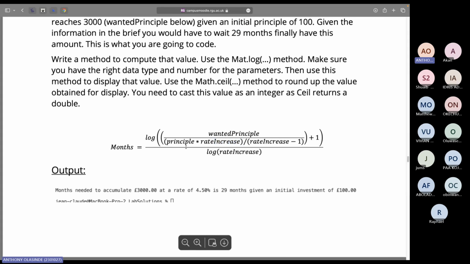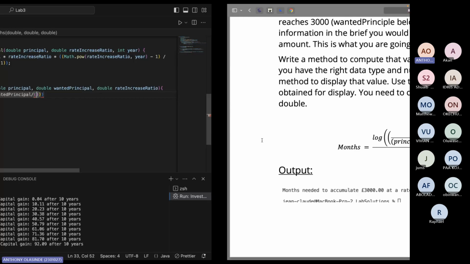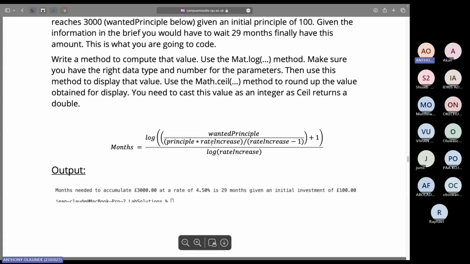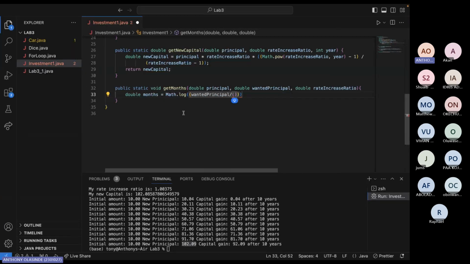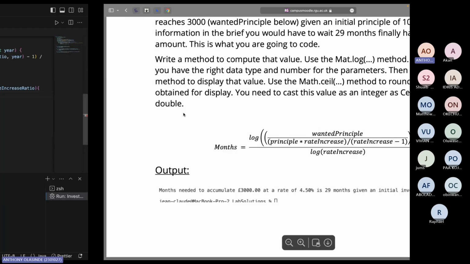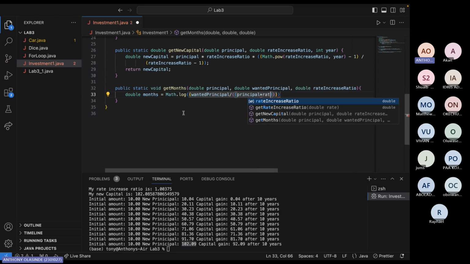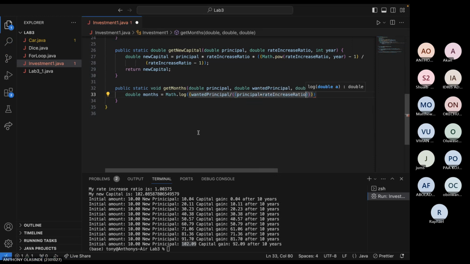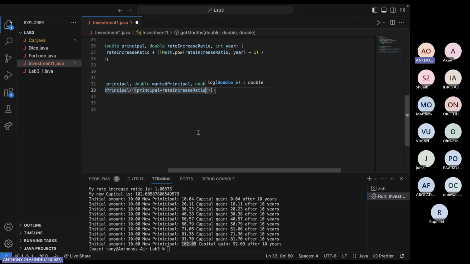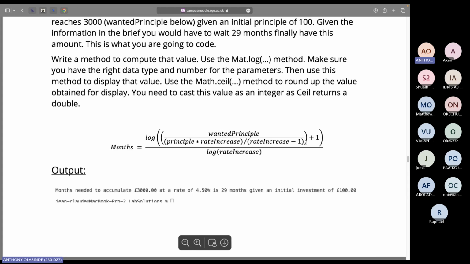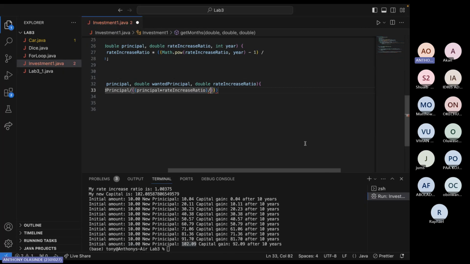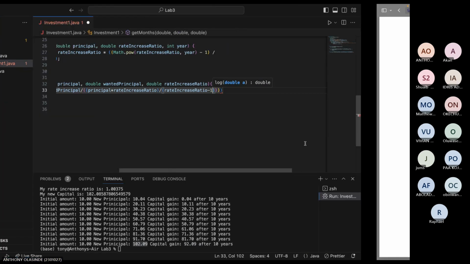I will introduce a new bracket before bringing their own brackets, which is now principal times rate increase ratio, then divide by rate increase ratio minus 1 inside a bracket.